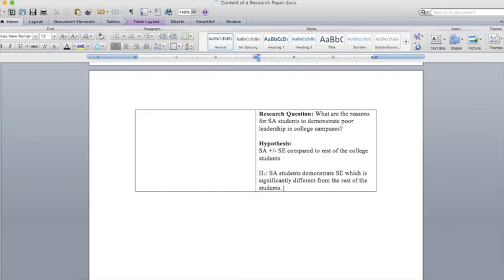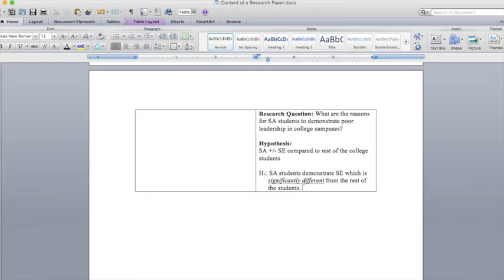So I am not saying whether it could go up, whether they have higher self-efficacy or lower efficacy. I'm just saying it is significantly different. It could be higher, it could be lesser, you never know. I can't afford to make a prediction where I'm saying it could go up, because I still don't know what could happen. So if it goes up or goes down, that is all right.